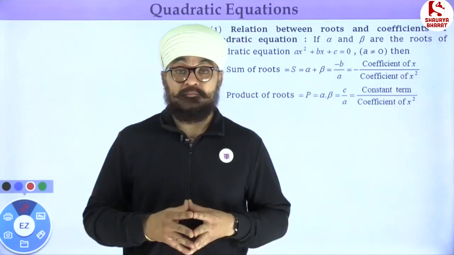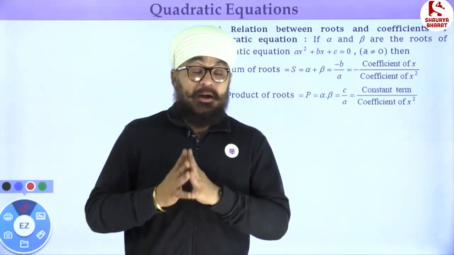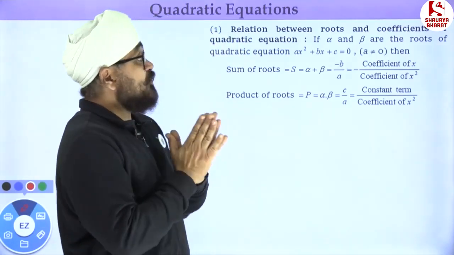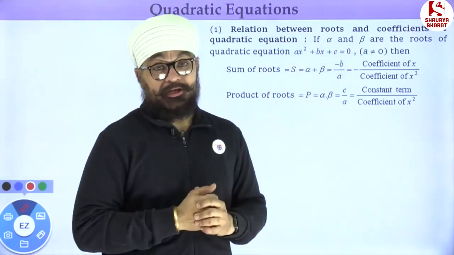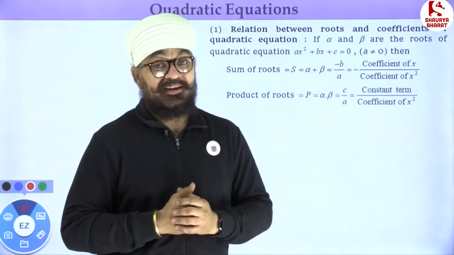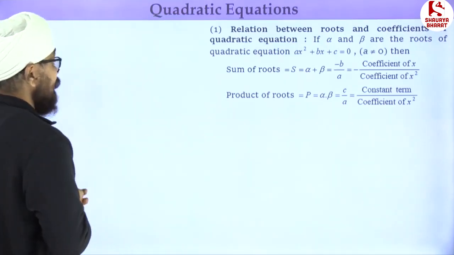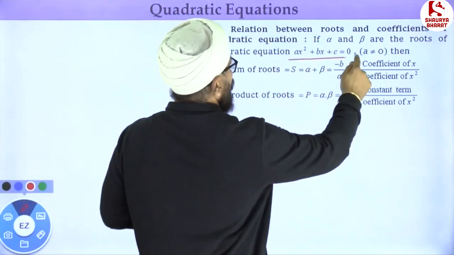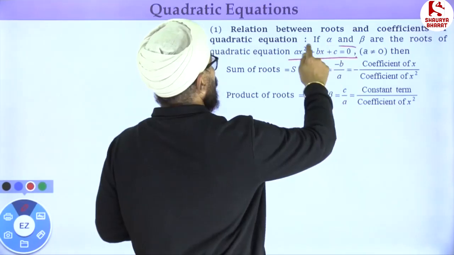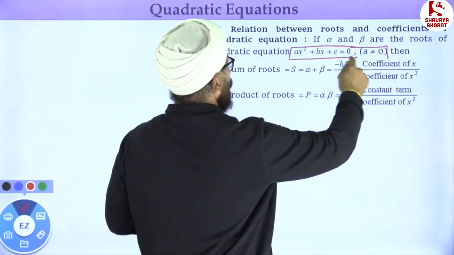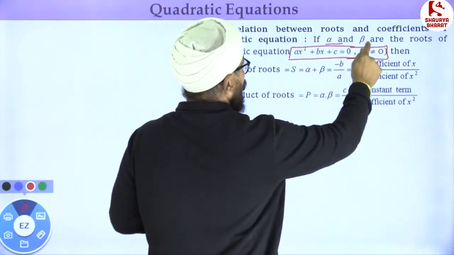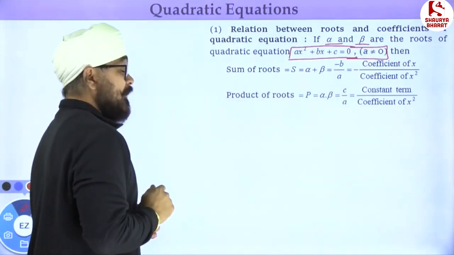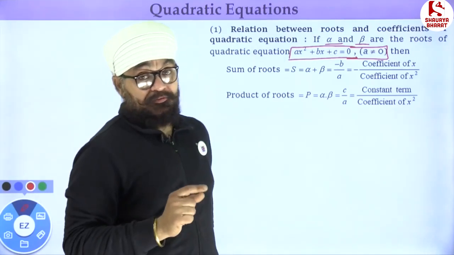Now let's understand the relationship between the roots and the coefficients of a quadratic equation, same as it was in polynomials. When we have a quadratic equation ax square plus bx plus c equal to 0, and let there be two roots, alpha and beta, then there will be a relationship between the coefficients.